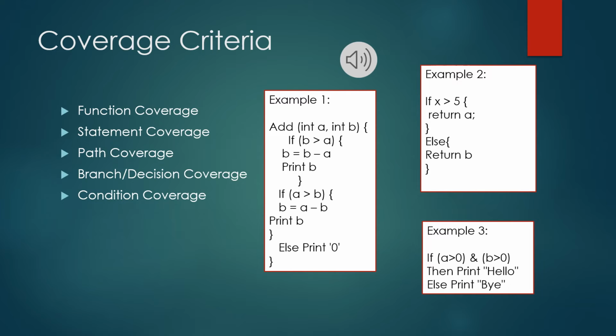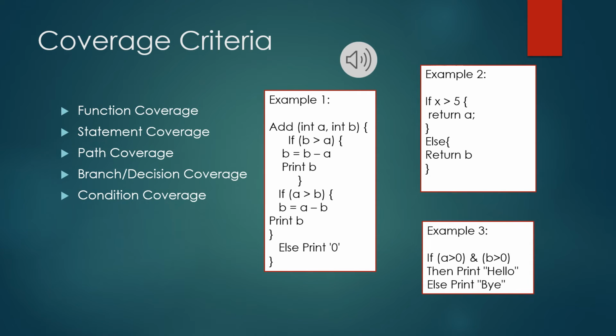Then, with the data set 1 and 1, the else branch evaluates to true, and gets executed, thereby ensuring 100% branch coverage.